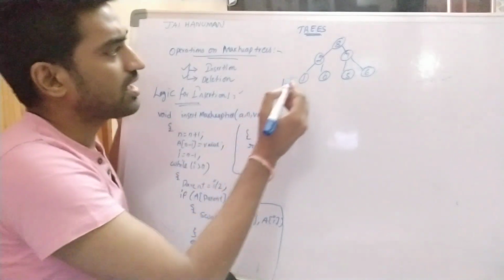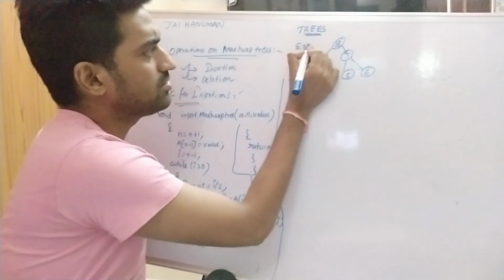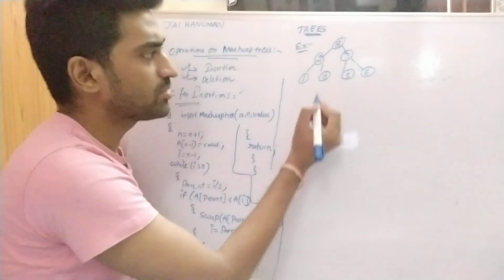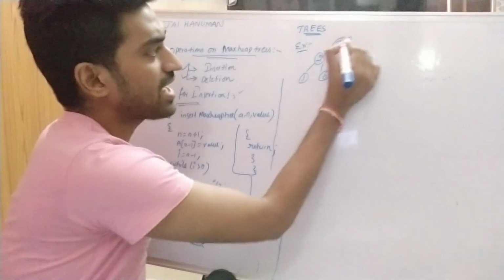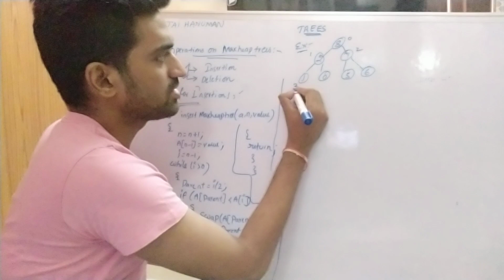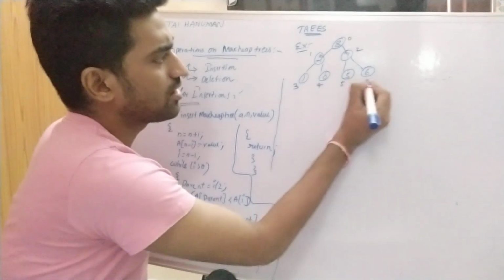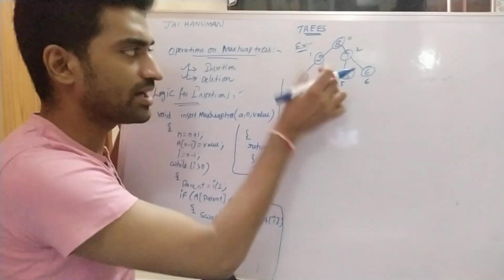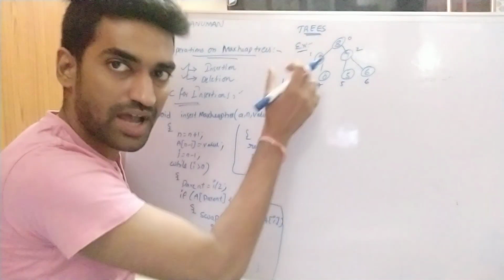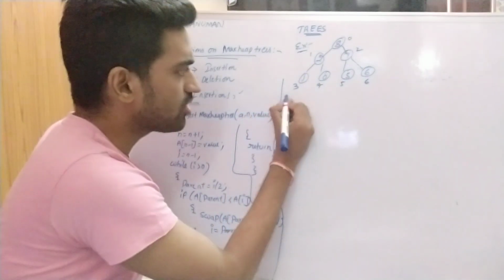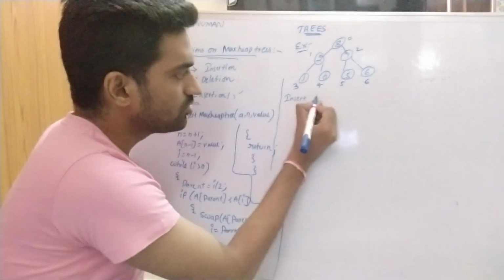Here I am taking one example. This is our max tree, and I want to insert one more element into it. Suppose I want to insert node 4.